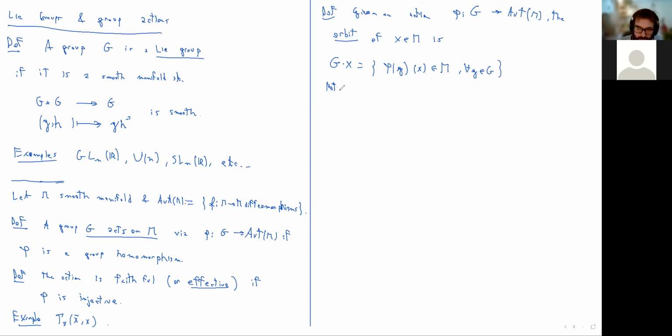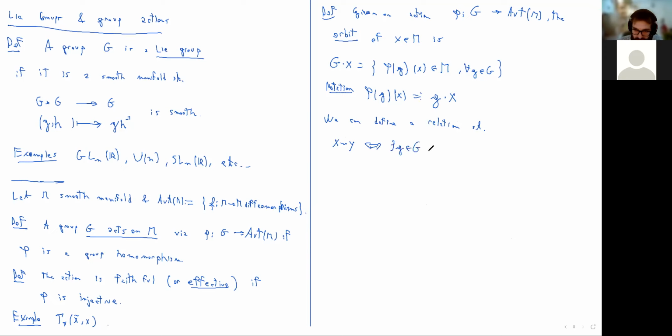And notation. We will never write this ugly thing because it's long and weird and boring. We'll simply write G dot x. Okay. And once we have a group acting on a manifold, we can define a relation such that x is equivalent to y if and only if they're in the same orbit.